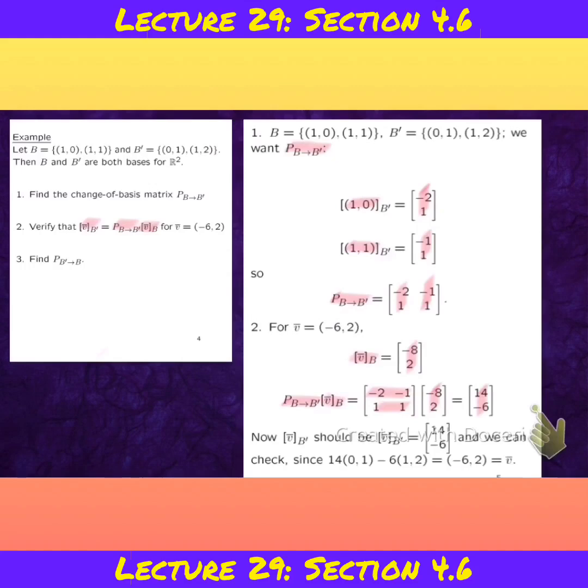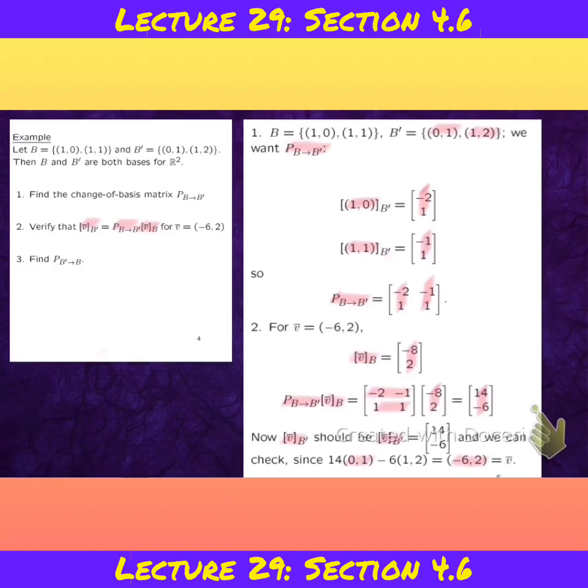To verify that this is in fact the case, let's work this out separately. We do that by writing the vector minus 6, 2 as a linear combination of the vectors in B prime. Okay, and that's easy to do.